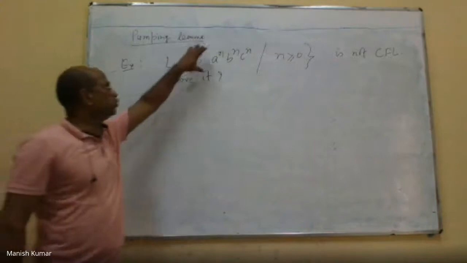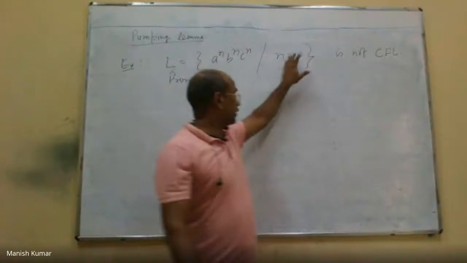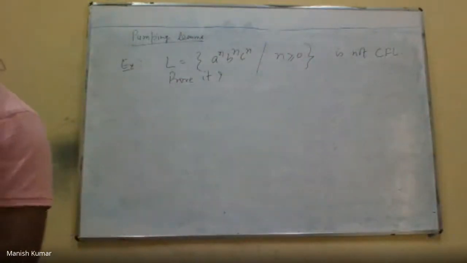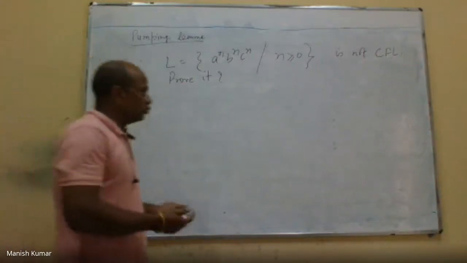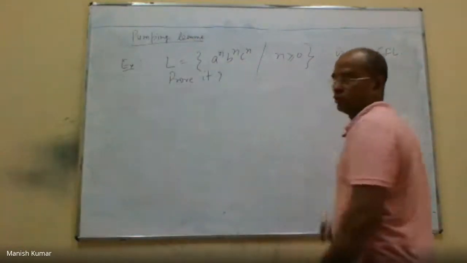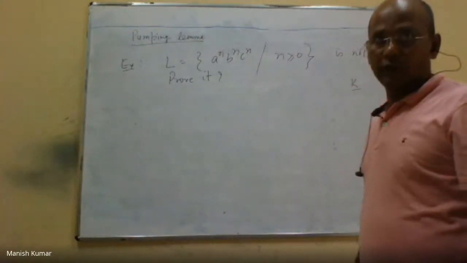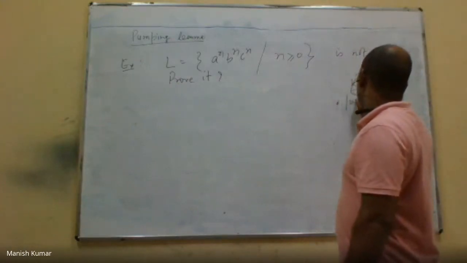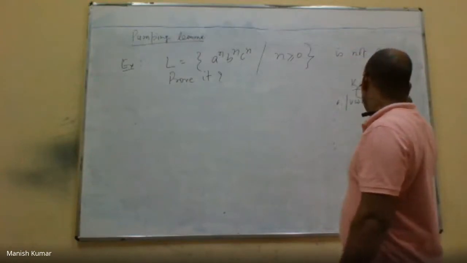Since I have to prove this particular language is not in CFL, I can make use of pumping. If I have to prove something is in CFL, I cannot use pumping. So for this, I can use the pumping lemma. As the pumping lemma says, you can assume some value k, which obviously depends on VWX, as I told you that this should always be less than k.